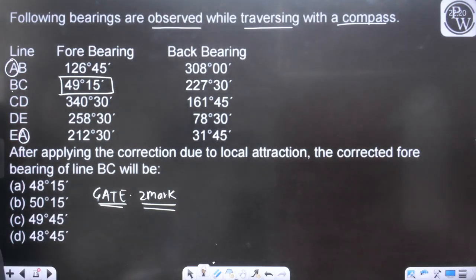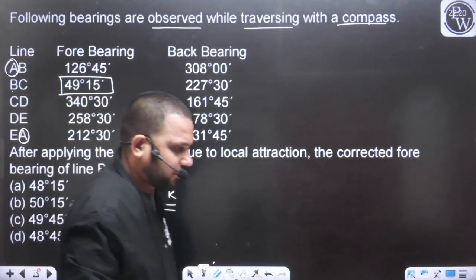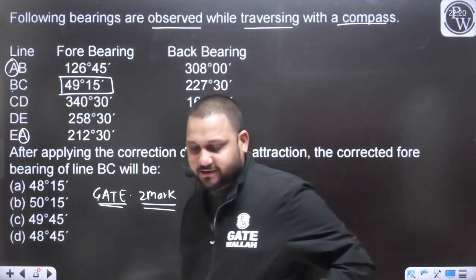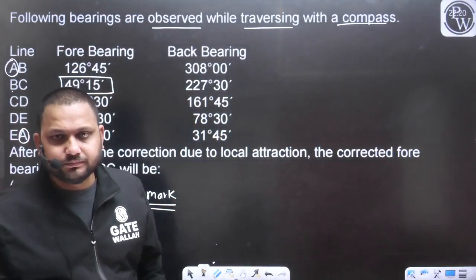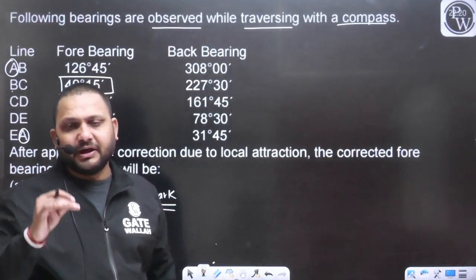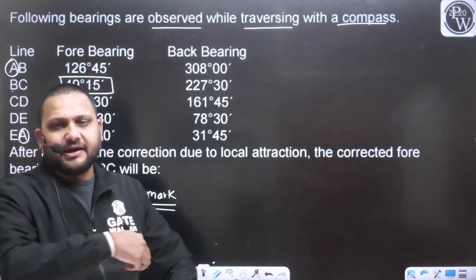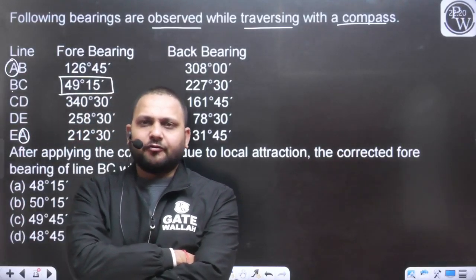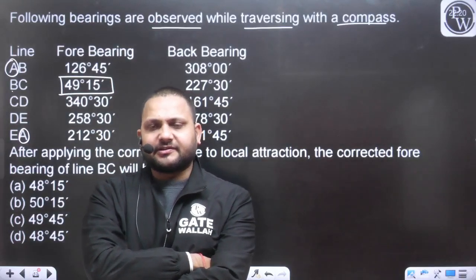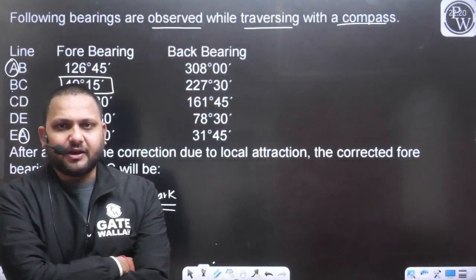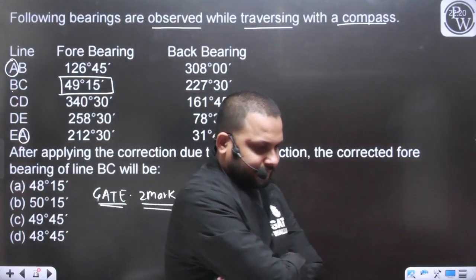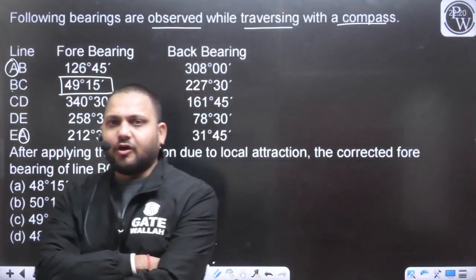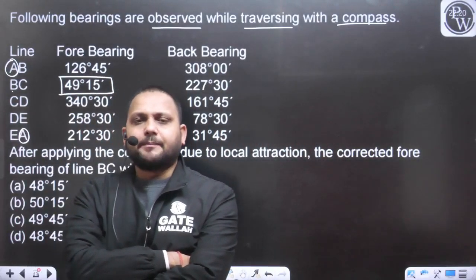Okay. So now how can we solve this question? Let's understand step by step. We don't know, as of now, which station has what error due to the local attraction. And if we don't know the magnitude and nature of the error, how can we apply the correction?